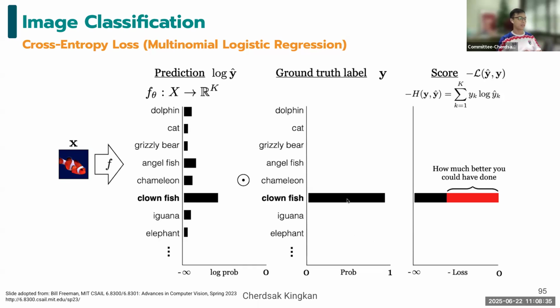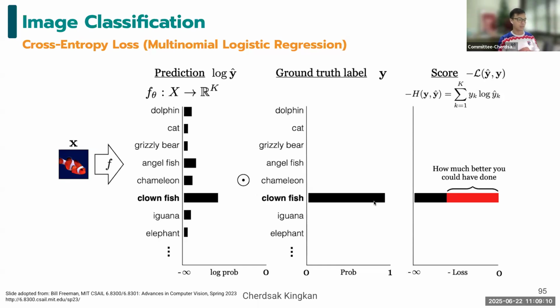You compare these two values, and then you get the cross entropy loss. What you can interpret is how much difference there is between the predicted one and the ground truth.